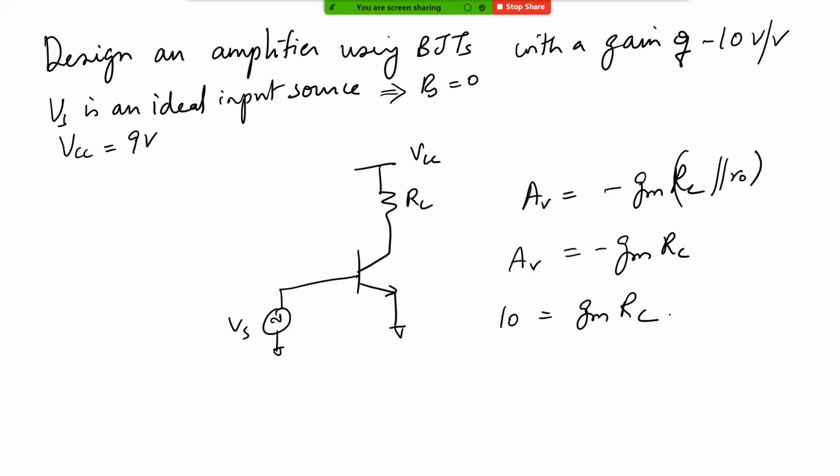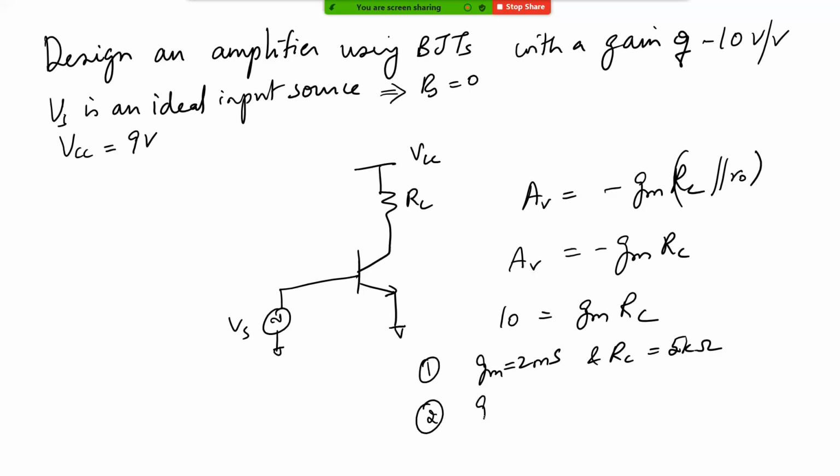You can have different values for each of them, and you will still get a product of 10. One example can be gm of 2 millisiemens and RC of 5 kilo ohm. You will get a gain of 10, right?